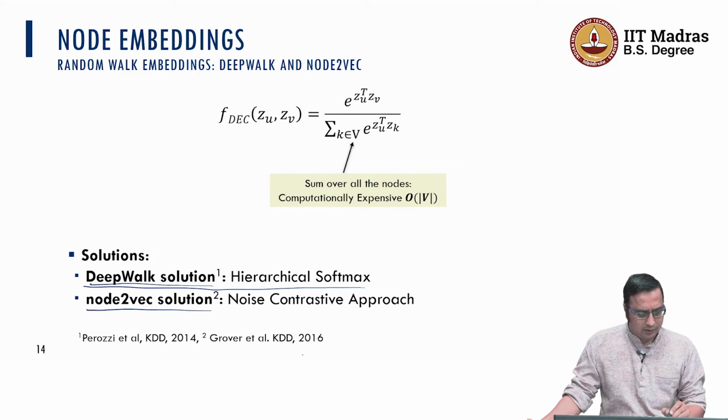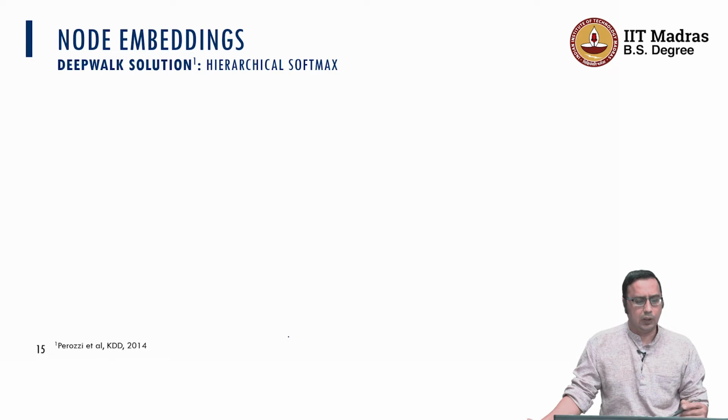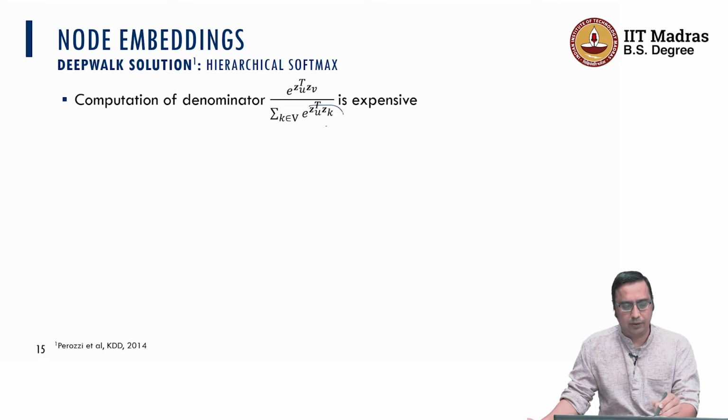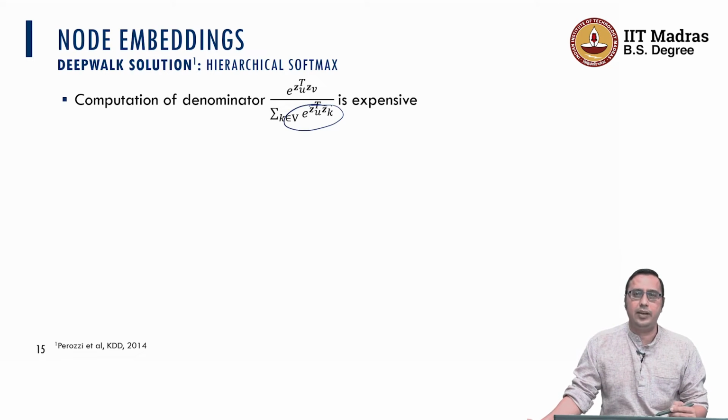You can find details of node2vec in this particular publication. So let's look at the DeepWalk solution. What is hierarchical softmax? As we discussed, computation of the denominator here is expensive when n is very high, meaning the number of nodes is very high.